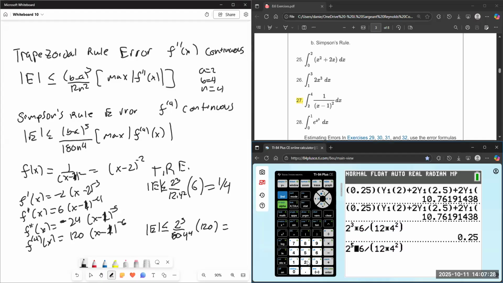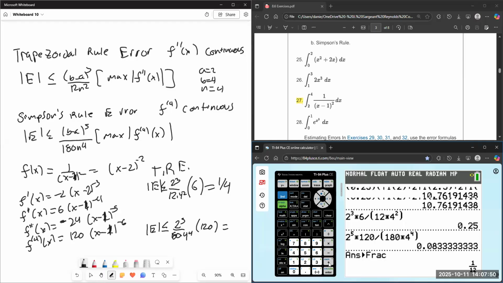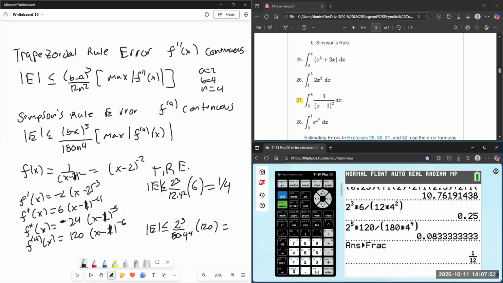This is 120. No, this is, yeah, 120. And then this is 180, and that's to the 4th. That is math answer to fraction. That is a 12th. Both of those are the right answer.